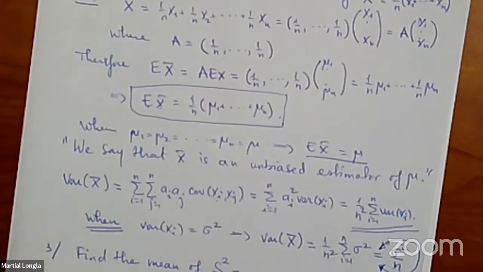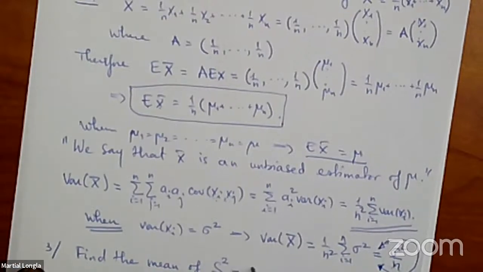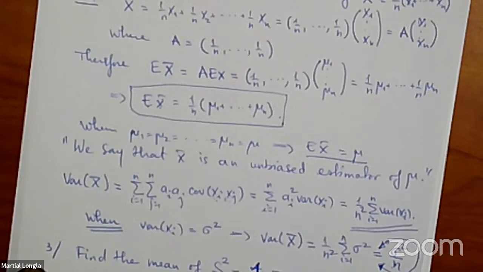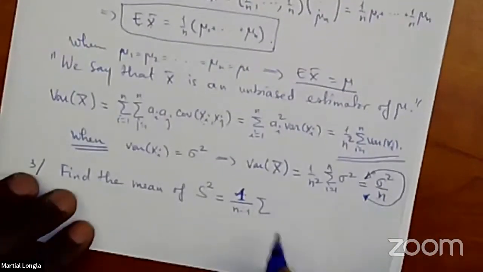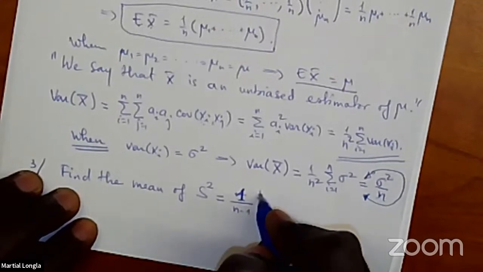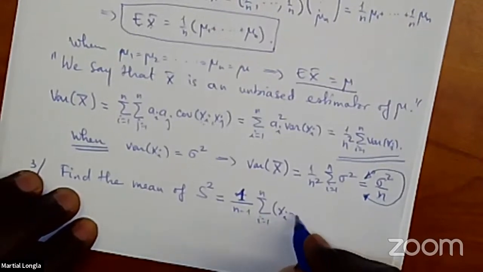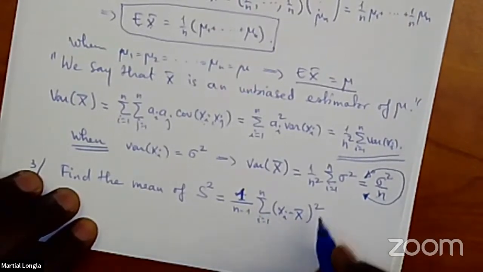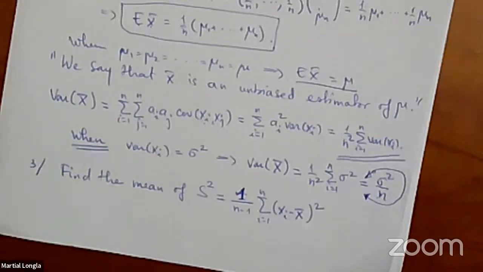What is that? It is 1 over n minus 1, sum i from 1 through n of xi minus x bar squared. What do you think? How would I find the expected value of that?